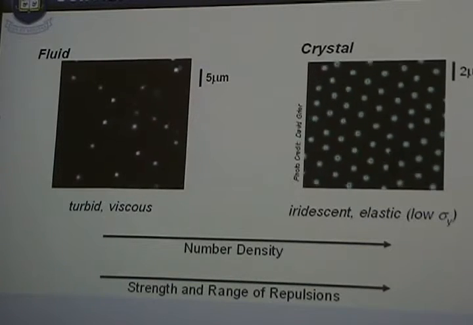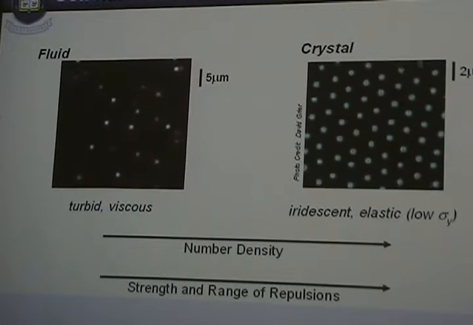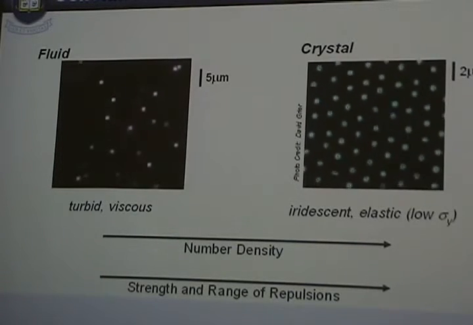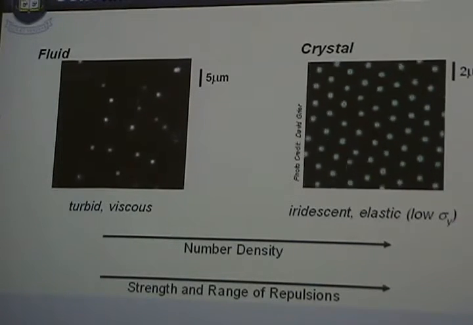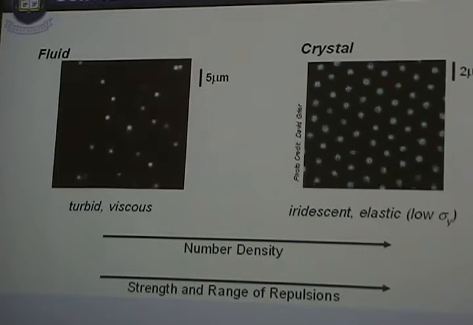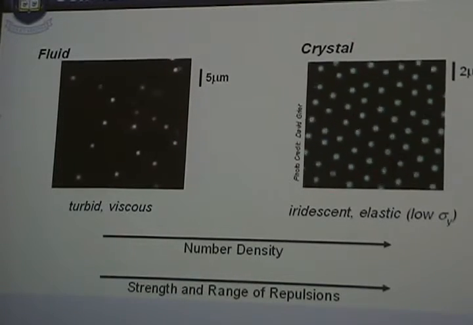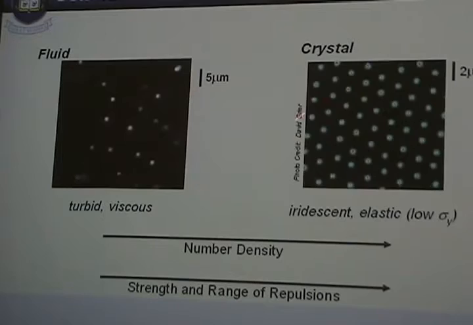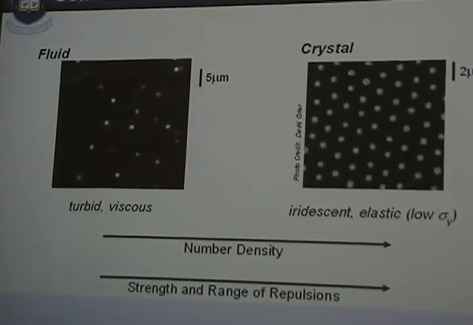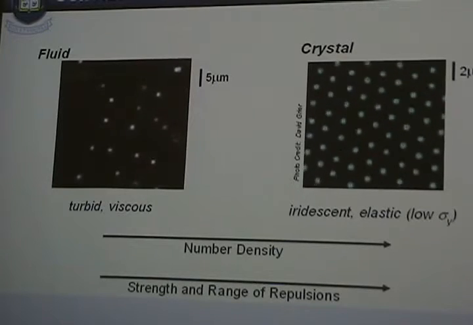But if we crank up the interactions so that they're strongly repulsive, either by giving them long-range electrostatic interactions or by just increasing the volume fraction so they feel each other's hard cores more, then the structure becomes highly correlated. You can undergo a first-order phase transition and make a crystal, something with a long-range order which has interesting optical properties.